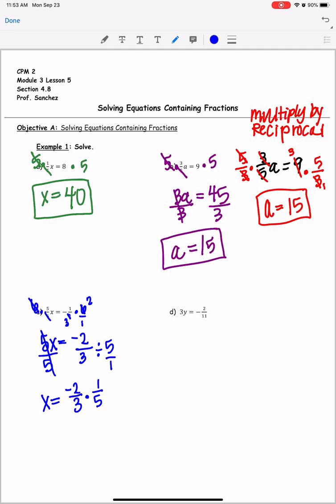So now we can multiply straight across. You can't reduce anything, right? 2 and 5 are prime, 1 and 3 are prime, so just multiply straight across. So negative 2 times 1 is negative 10. No, it's not. Sorry, negative 2. And 3 times 5 is 15.